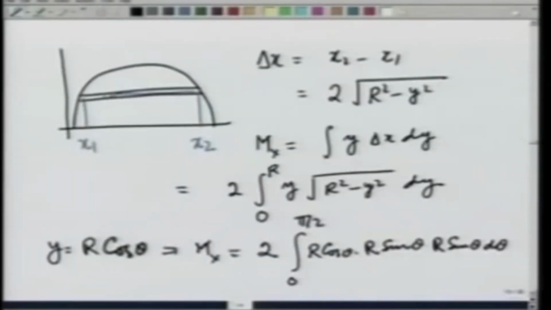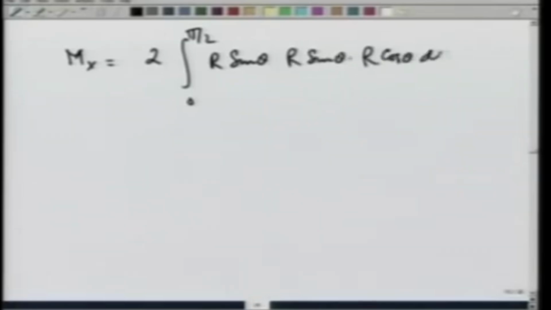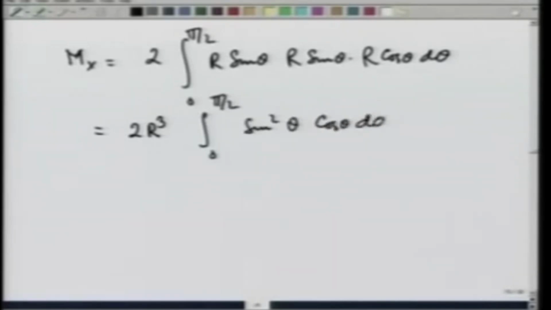So, we have mx equal to 2 integration 0 to pi by 2 r sin theta r sin theta r cosine theta d theta, which is 2 r cubed integration 0 to pi by 2 sin square theta cosine theta d theta. Cosine theta d theta is d sin theta.